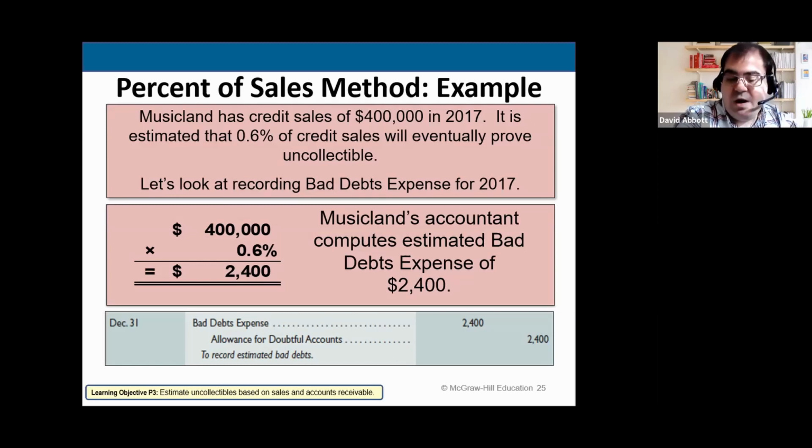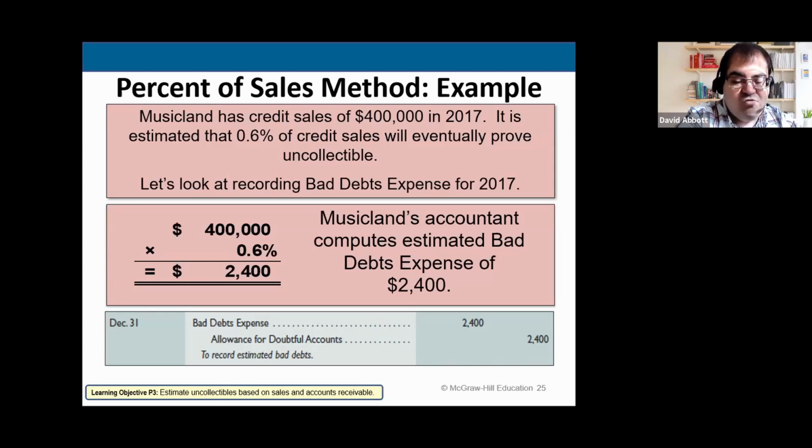Based on past experience, Musicland estimates that 0.6%, so a little bit over half of 1% of sales, would be uncollectible. This implies that Musicland expects $2,400 of bad debt expense from its sales, computed as 400,000 multiplied by 0.006.